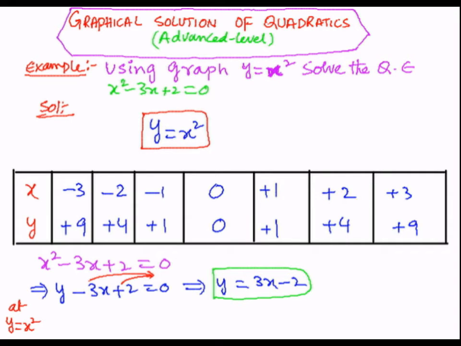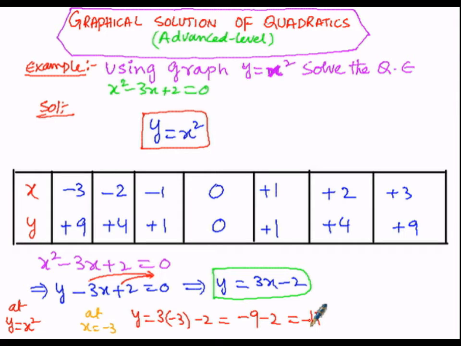In the first condition, at x equals minus 3, y equals 3 into x minus 2. So 3 into minus 3 minus 2 equals minus 9 minus 2. Simplifying further, we add 9 plus 2, which is 11, with the sign of 9, which is minus.